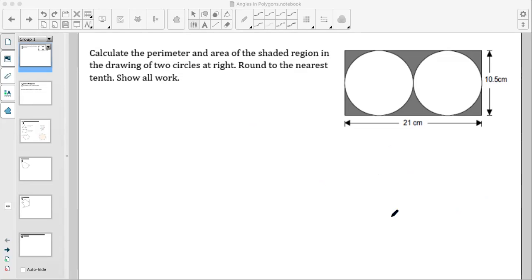Isosceles trapezoids have some characteristics that make them different from a regular trapezoid. For example, an isosceles trapezoid has congruent diagonals. Like this, the diagonals are the same length.